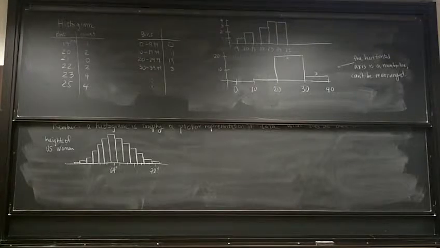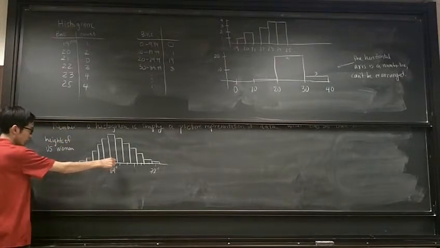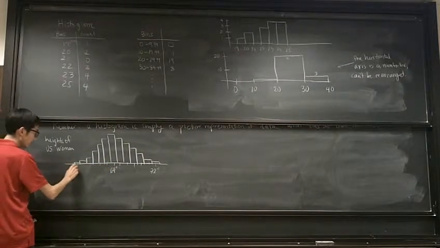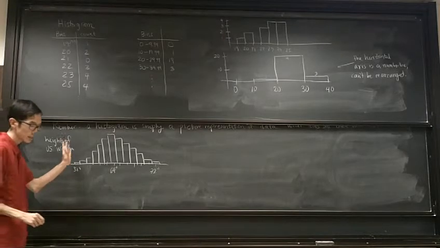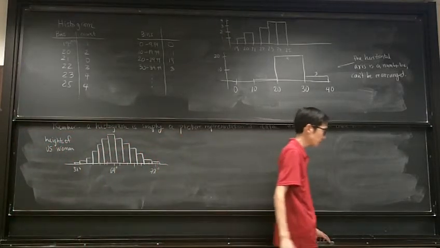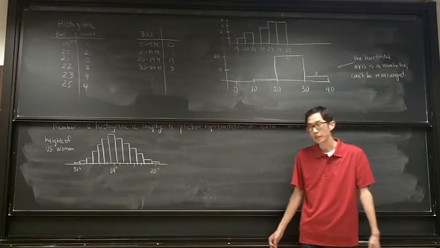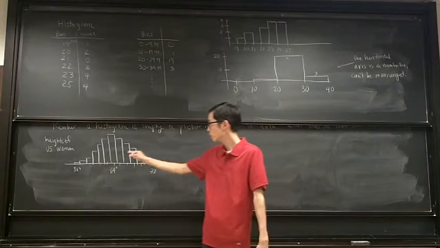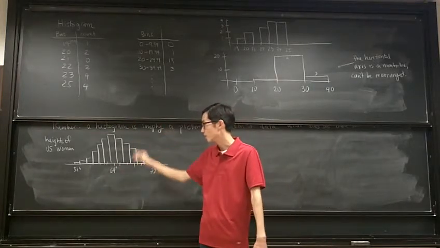Maybe 4'8", which is 56 inches, so that's 4.5 feet. Yes, there are some women who are much shorter, but they aren't as common. Around the middle are the most common heights of women.